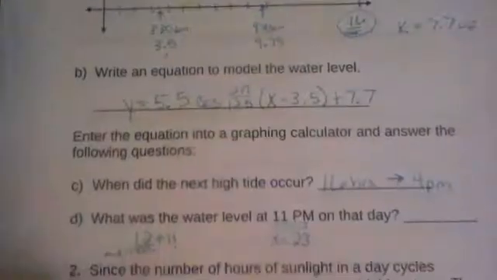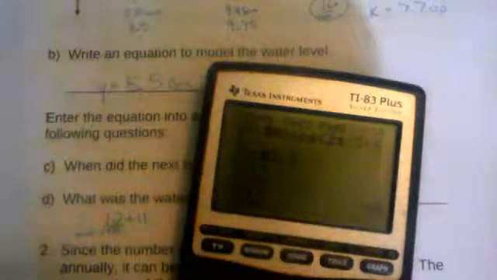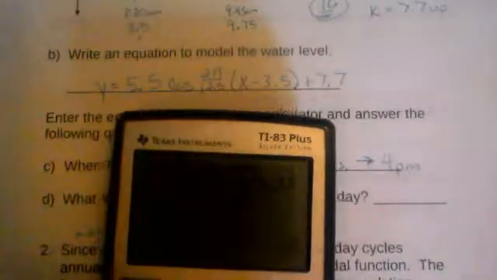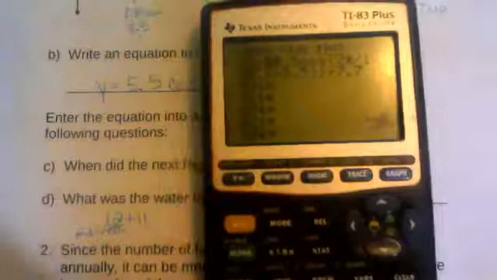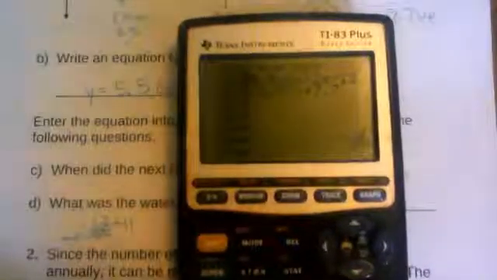So at 23 hours out, we want to type this into our calculator. Okay, so here we go. We type this in. Again, this is one that has a shift on it.